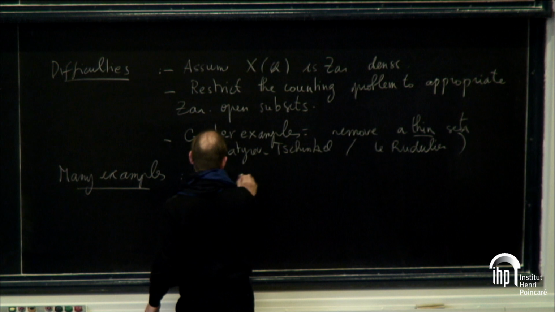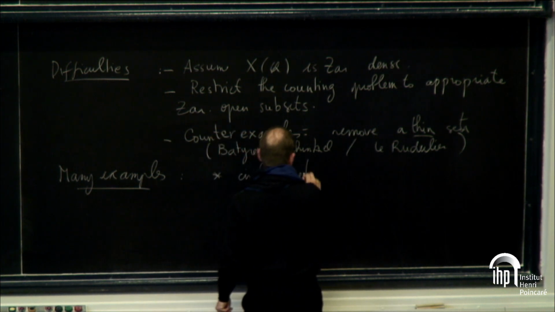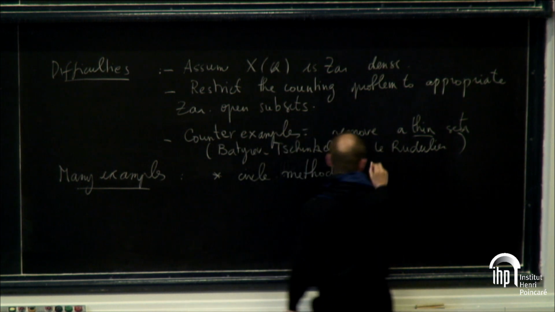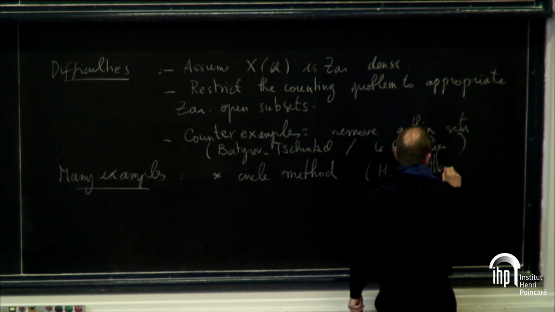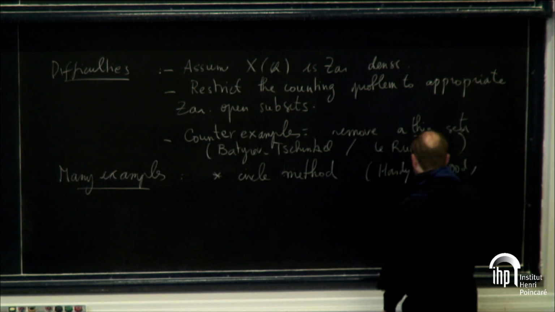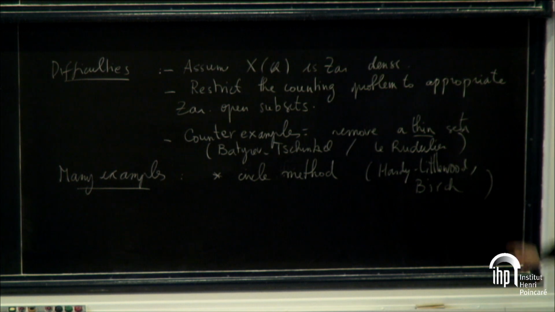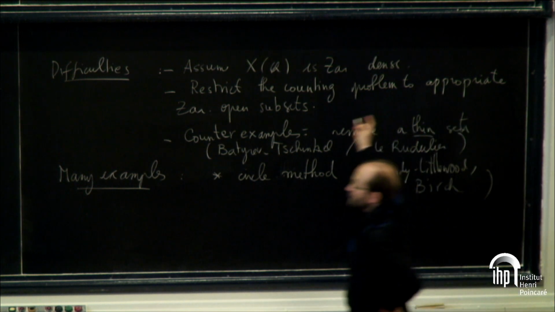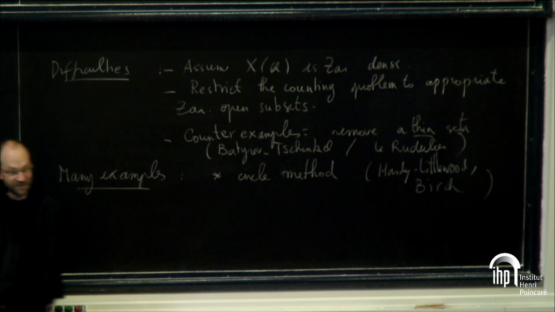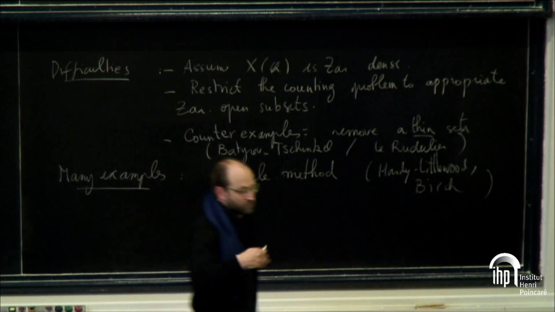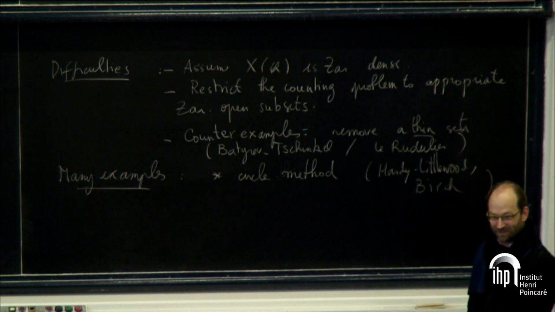First of all, the circle method of Hardy and Littlewood, refined by Birch in the 60s, allows one to treat the case of hypersurfaces of small degree compared to the dimension. So for example, n has to be 2 to the d or something like that.